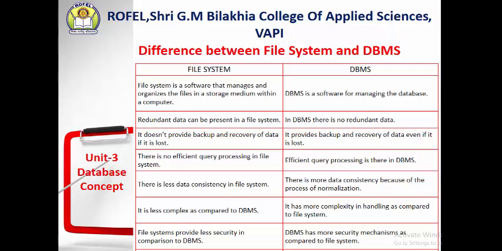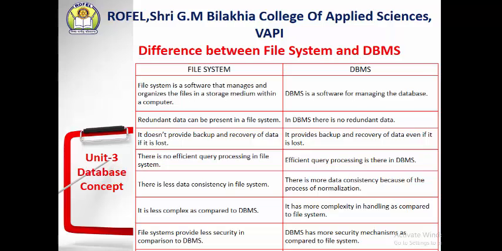Now the file system is less complex compared to DBMS. Yes, because we have already learned some file systems, so it is less complex compared to DBMS, because in that there is no specific way to store data and retrieve data.